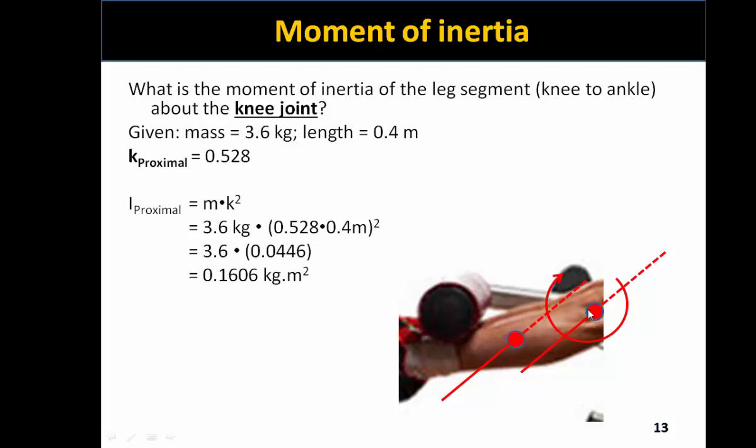If you consider the knee joint, all the mass is located distal to the knee joint, and that's going to pose a greater resistance to rotation than if we had a shorter distance of the mass distribution when rotating about the center of mass.